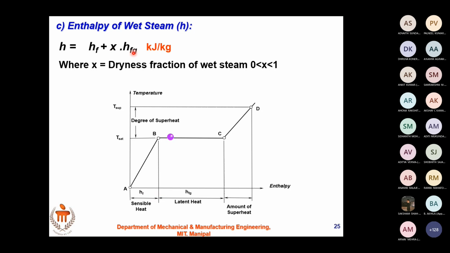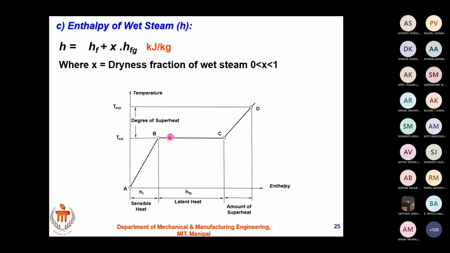It is X into HFG, because there is some quality here. So X into HFG will give me the dryness fraction, the amount of dry steam at this point, and then HF will give me the sensible heat. So enthalpy of wet steam may be defined as the quantity of heat which is required to convert 1 kg of water at 0 degrees Celsius into wet steam of any given quality, at the given constant pressure. Clear?